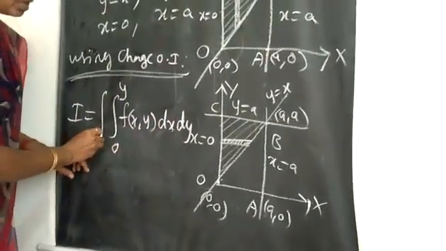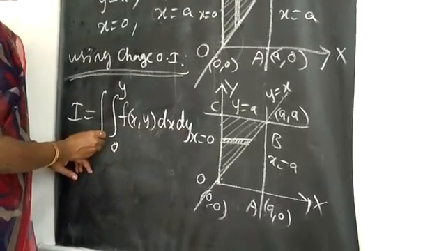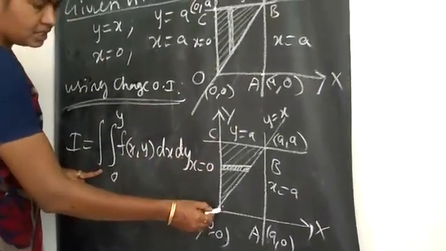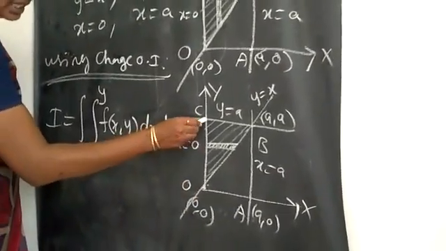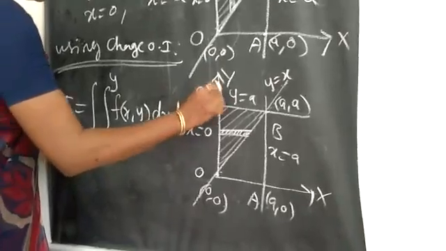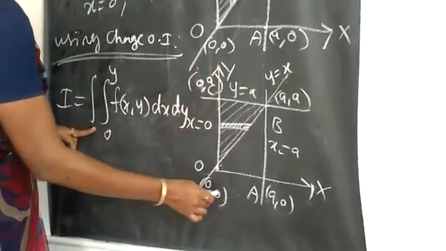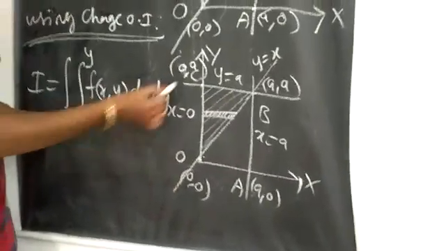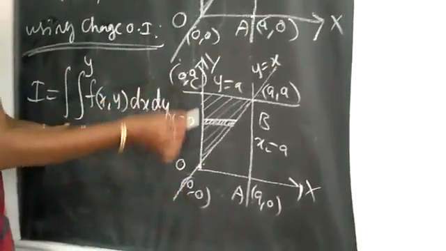Similarly, y is the outer limit. The y range, from here to here, runs to this point, 0 comma a. Since y is a constant limit, we can take the y value from this point.